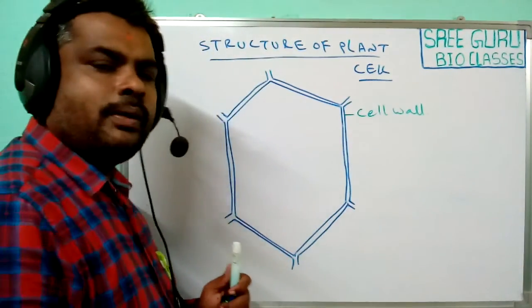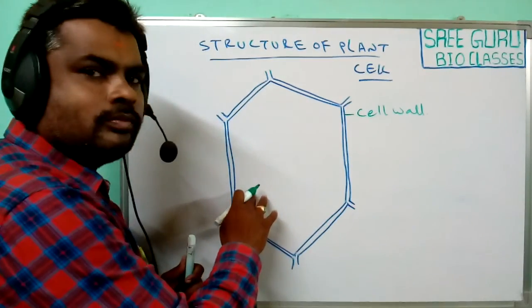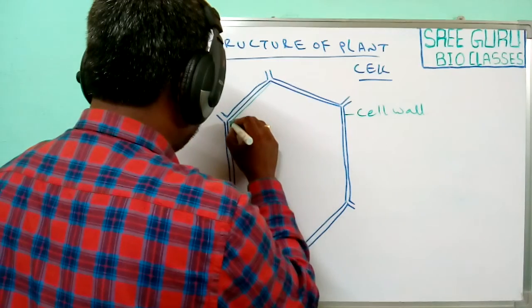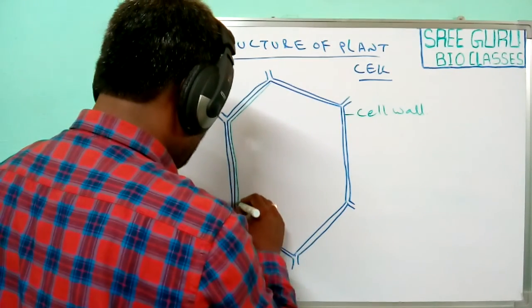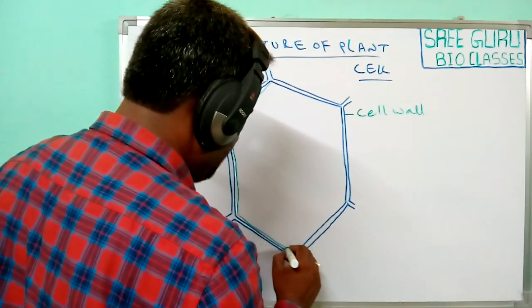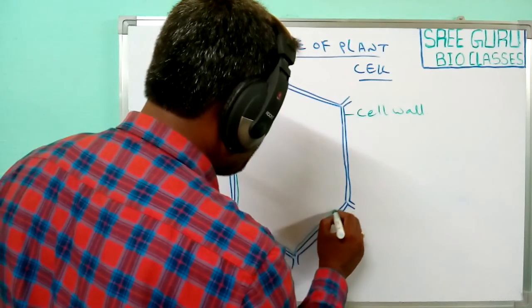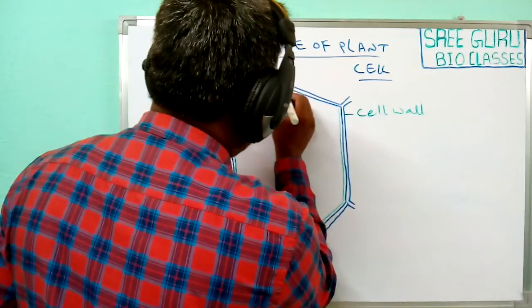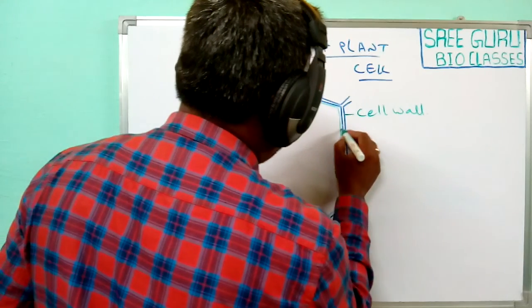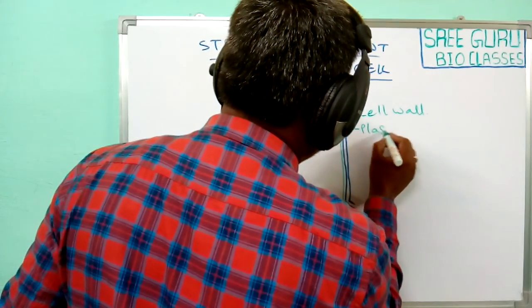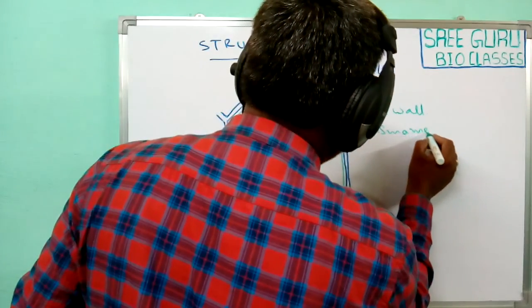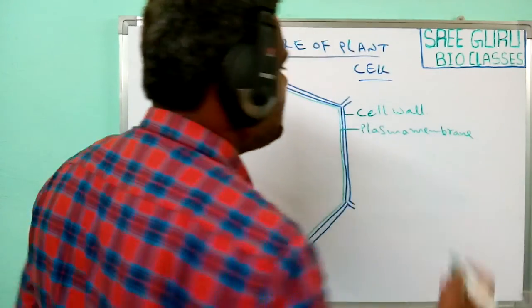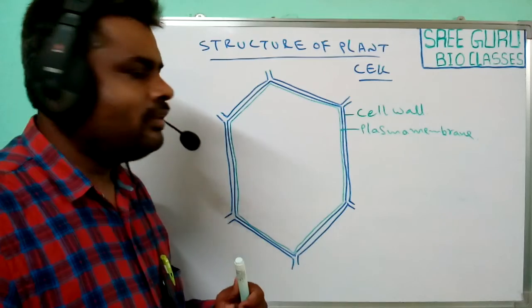Next, below the cell wall, another delicate semi-permeable membrane is present, that is known as the plasma membrane, or cell membrane.